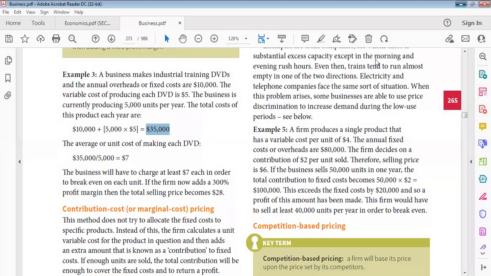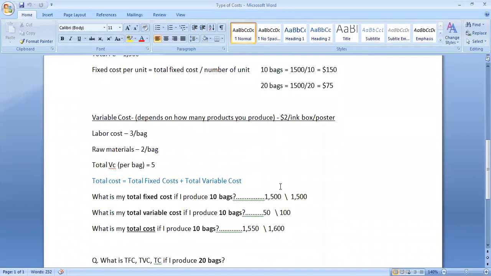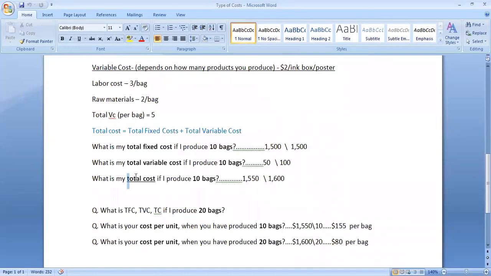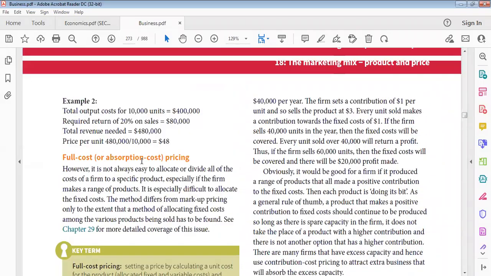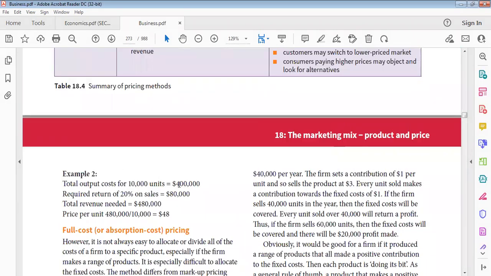So remember how you found my total cost? The formula for total cost was fixed cost plus variable cost. In the previous one, target marketing, we don't know how much is fixed cost or variable cost.